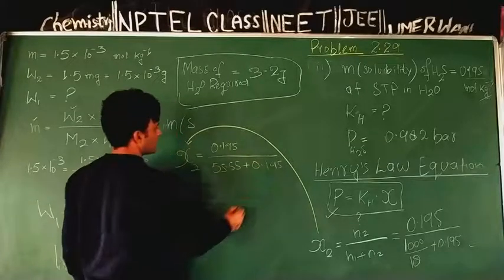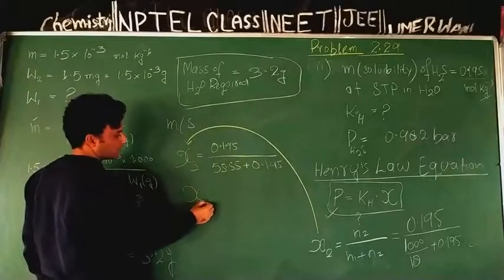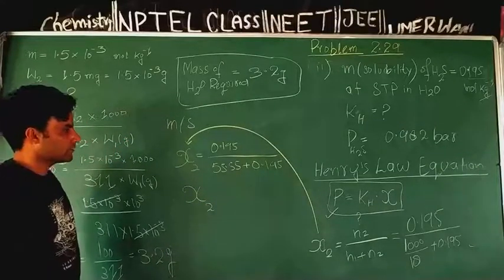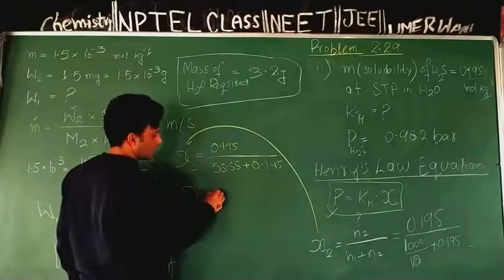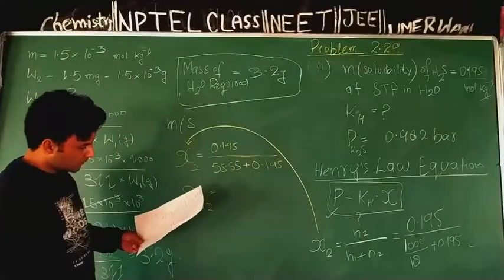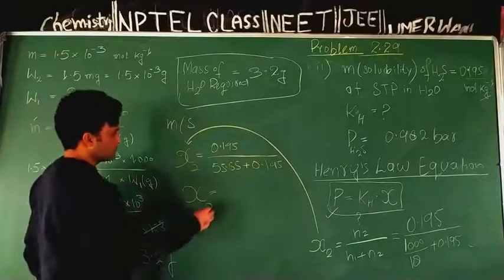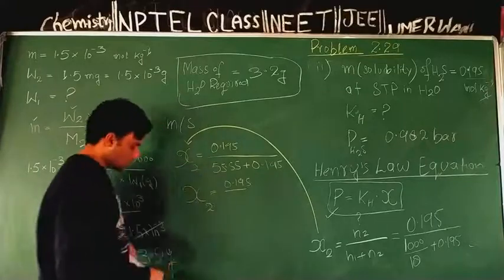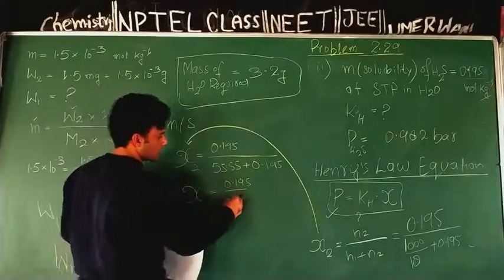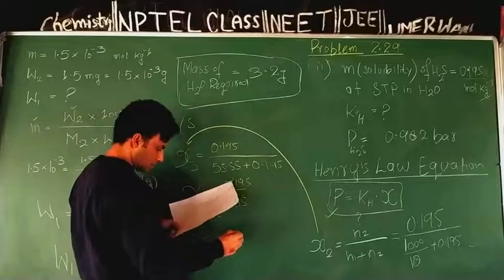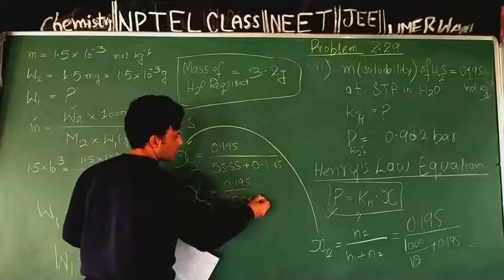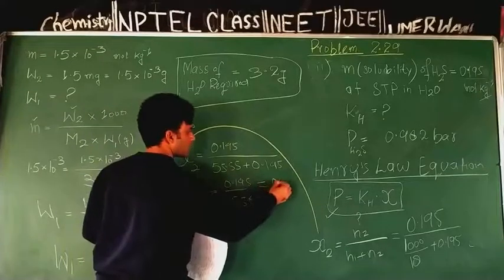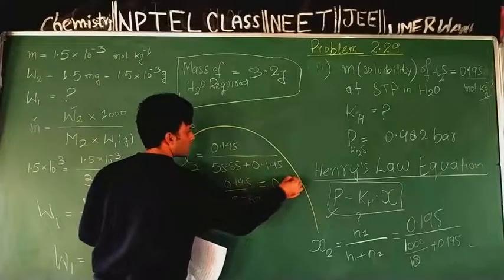Now the mole fraction of hydrogen sulfide in water comes equal to 0.195 divided by 55.695, and it comes equal to 0.003.